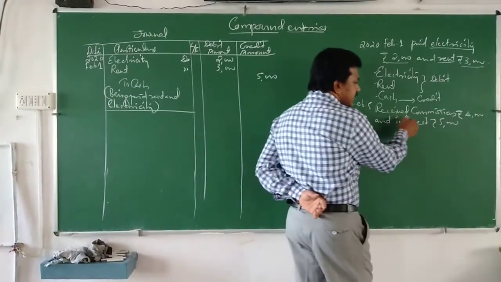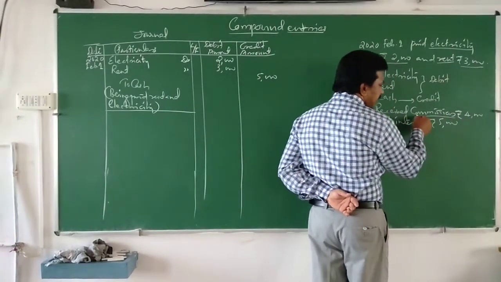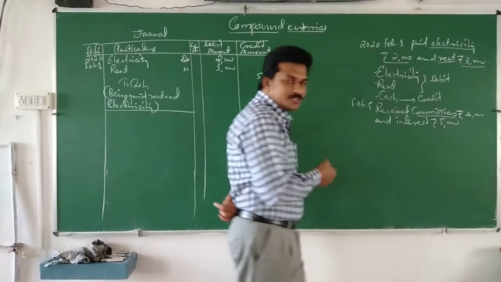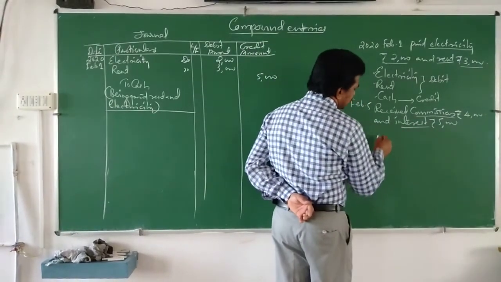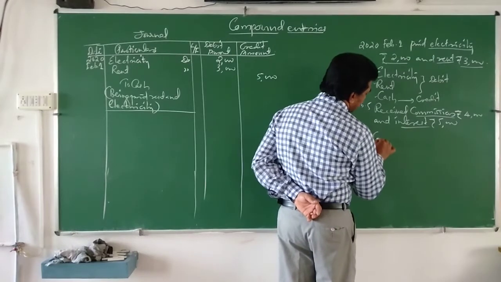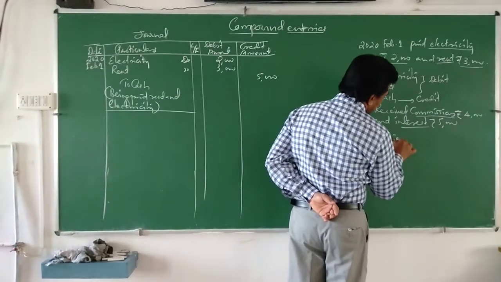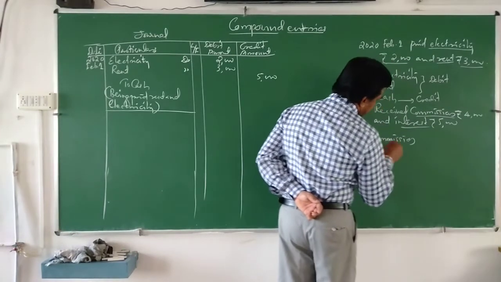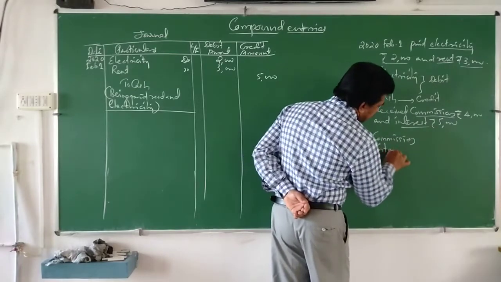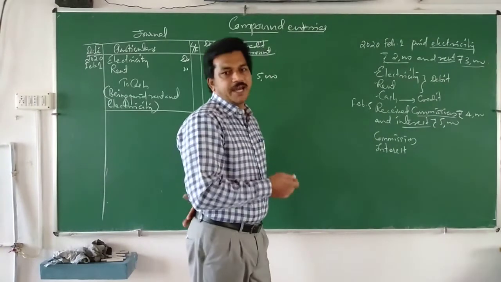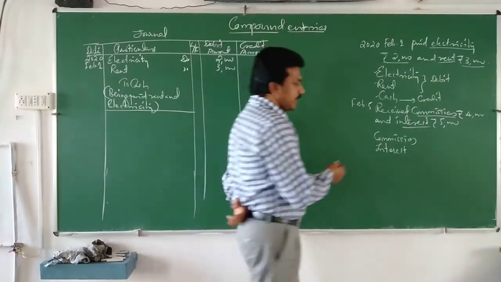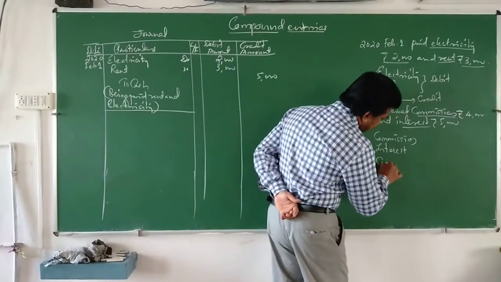Received commission means commission is an income, and the other one is interest. Both aspects can be written here: commission, then interest. Both are received in cash, so the next element is cash.